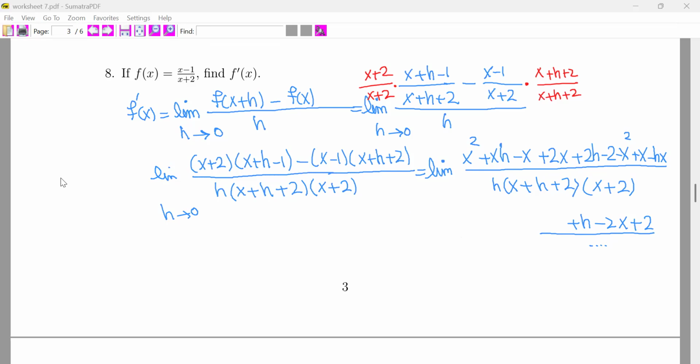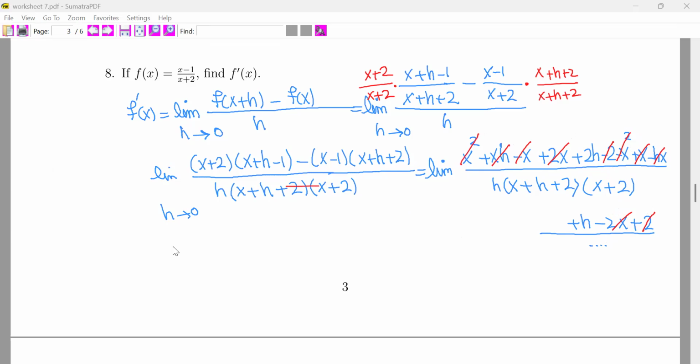So if we look at them carefully, we would see that these will cancel out, these will cancel out, also x will cancel out, 2x will cancel out, and 2 will cancel out.